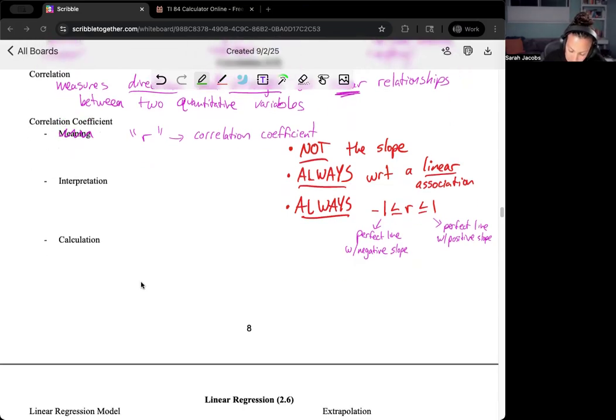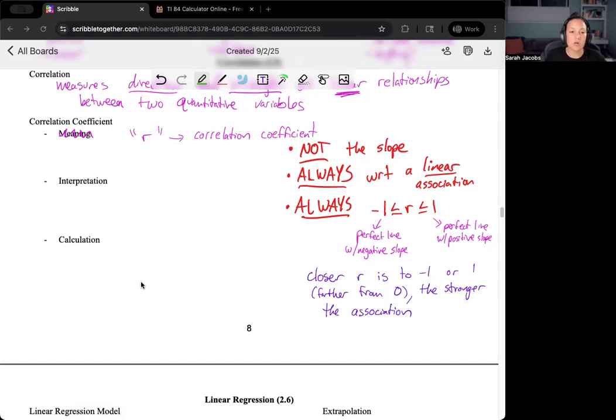Now, this is definitely worth taking note of. The closer r is to -1 or 1, aka the farther from 0 in either direction, the stronger the association.